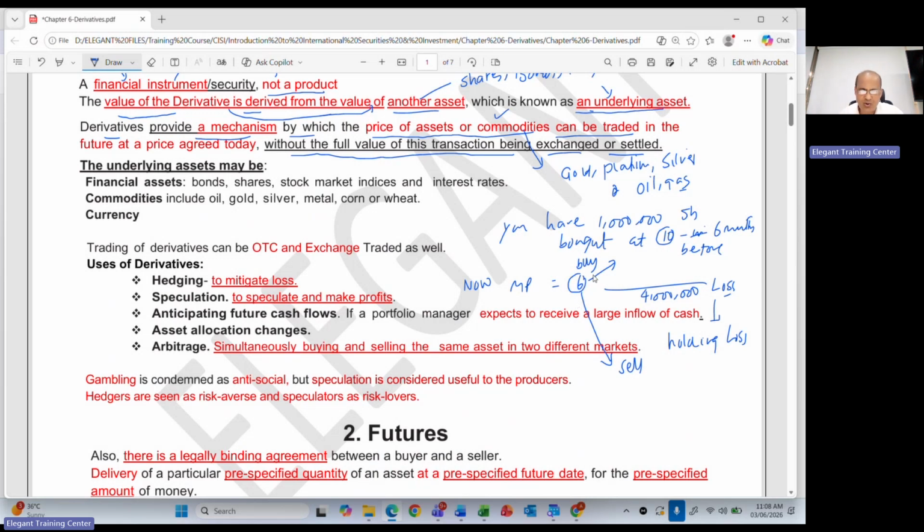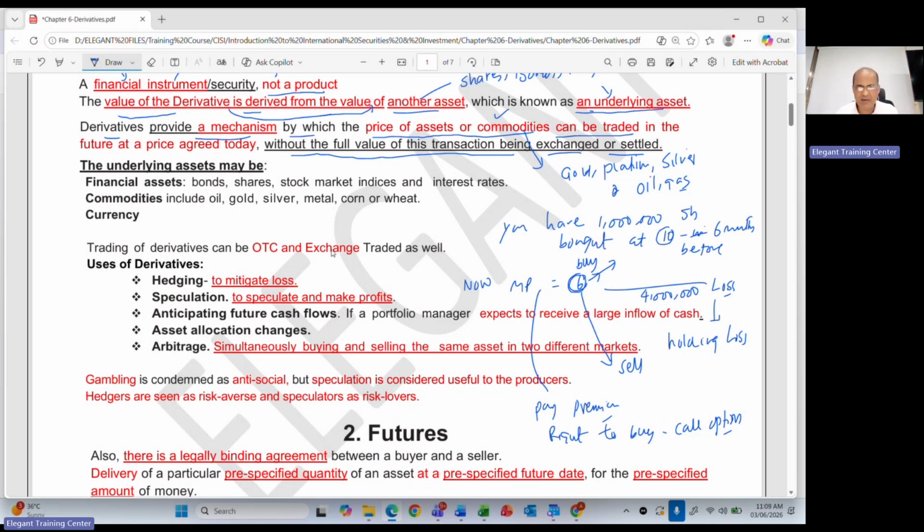Because you know price can go to 7, can go to 8, you want to block the price. Let's say you block the price at 6 dirhams, so you pay some premium. You are not buying, you are buying a right to buy. That's called call option. We will discuss it in the option segment. So this is what a derivative is.